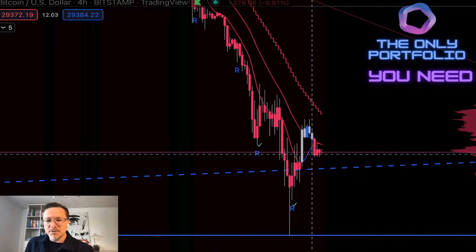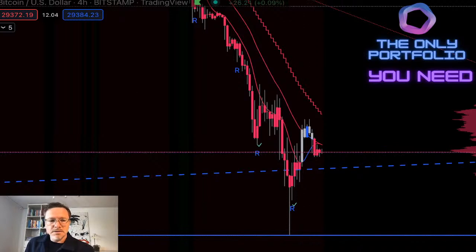I don't think we go all the way down. I would be surprised in just one go, because we need to get some profit taking and the shorts need to get a bit higher before they go into the shorts. That's how I see it. Right.